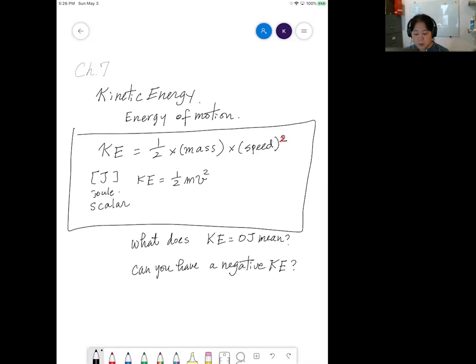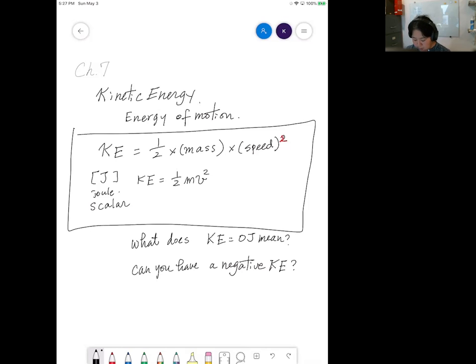Kinetic energy equals 1/2 mass times velocity squared, or speed squared, right? 1/2 is 1/2. Mass, can you ever have a negative mass? No. Mass is always positive. Can you have a negative velocity? Yes, but it's squared, velocity squared. So you're always going to have a positive value. That means you cannot have a negative kinetic energy. Never. No negative kinetic energy.